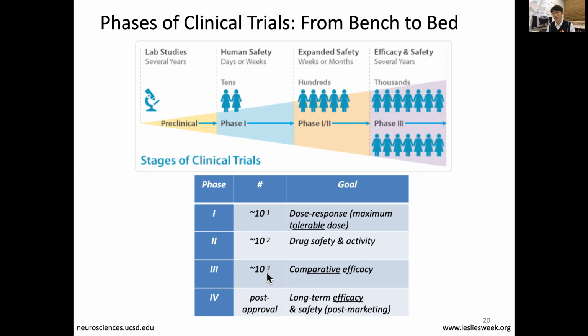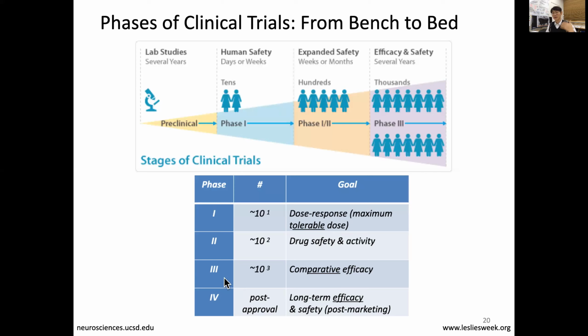Now we want to really see the efficacy, the effectiveness of the drug on this specific type of disease, in this case cancer, and we can have a comparative efficacy. If this drug is comparable to the existing drug, then the US FDA, Food and Drug Administration, will approve the selling of the drug.